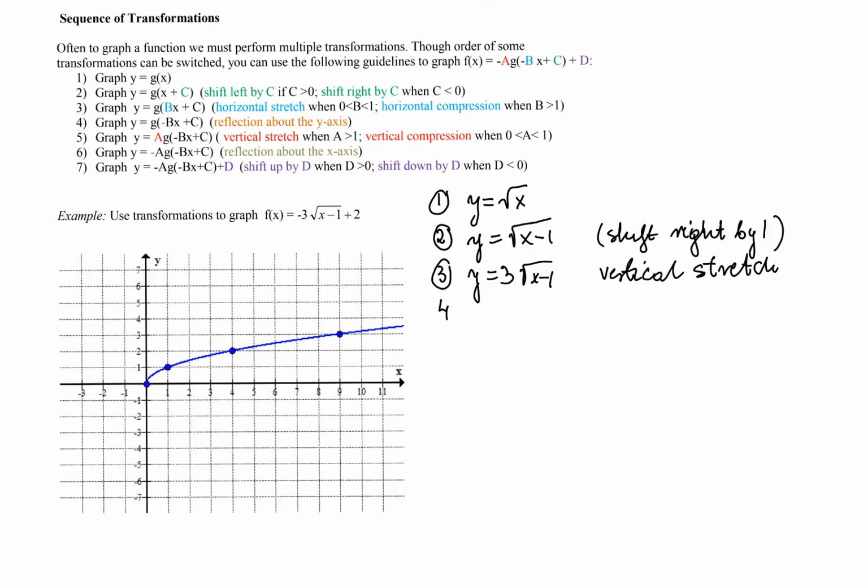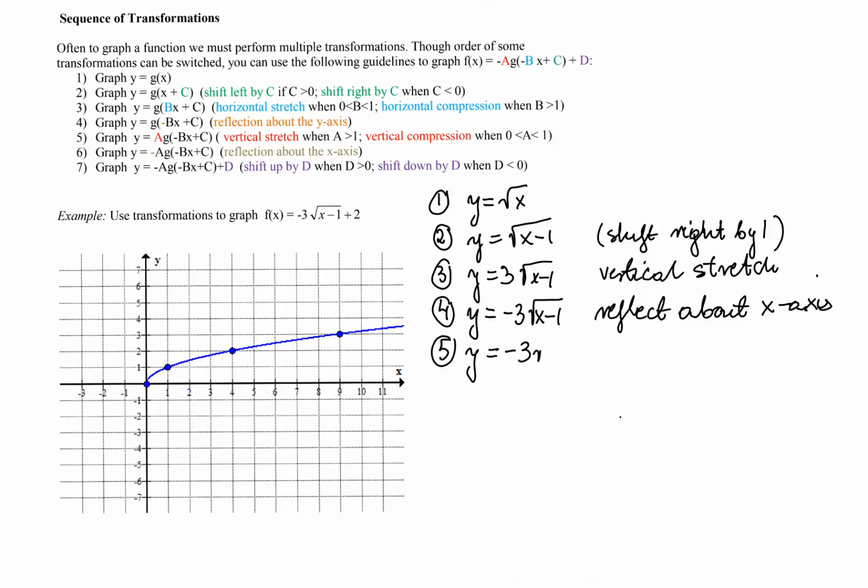Next, addition to the formula is the minus sign in front of 3, and adding minus sign in front of the function means reflection about x-axis. And finally, we are adding 2 to that previous formula, and if we are adding 2 to a function, then this means shift up by 2.